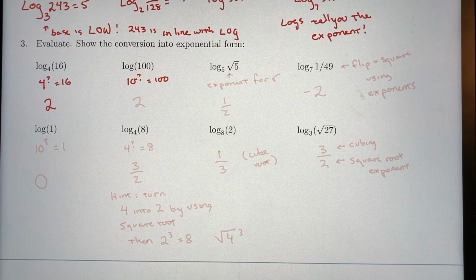It's a question mark exponent. 2. What exponent gives you square roots? One half. Oh. 1 over 49, that would be flip and square. Oh, that was terrible.